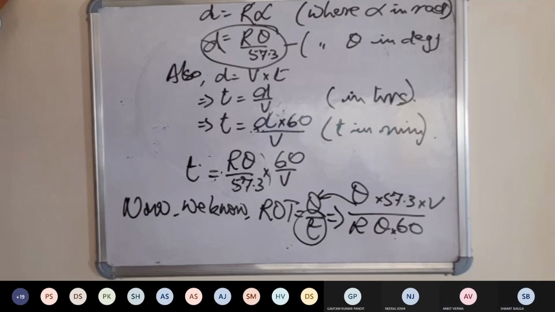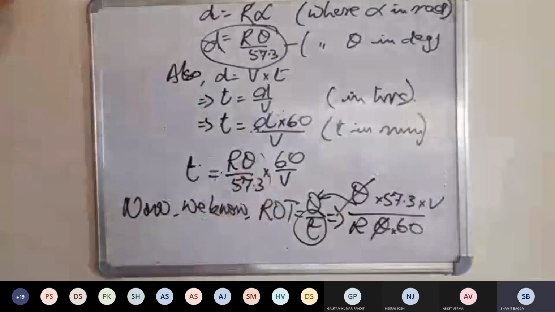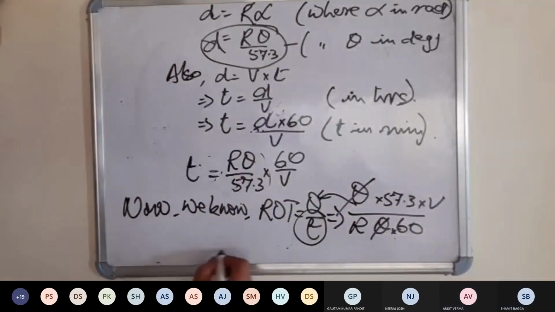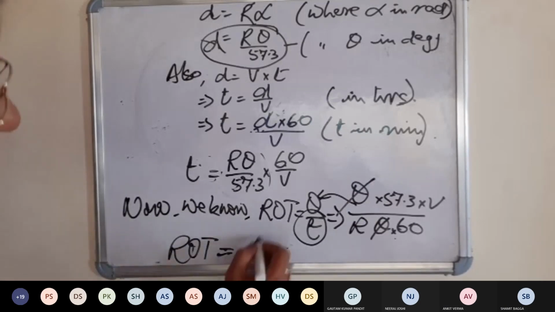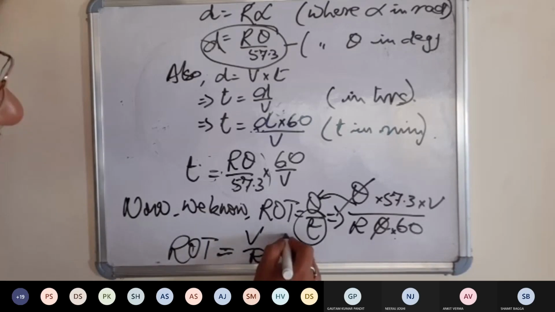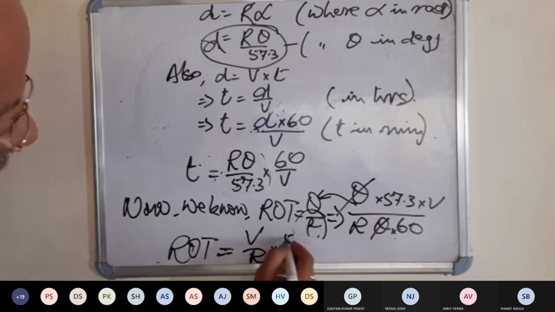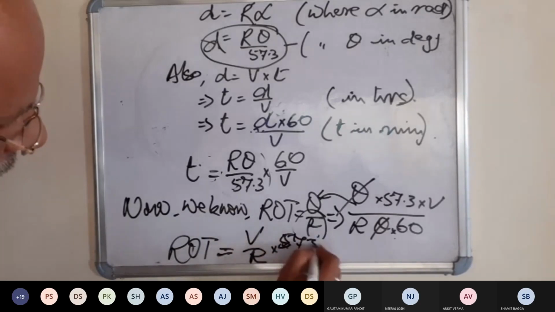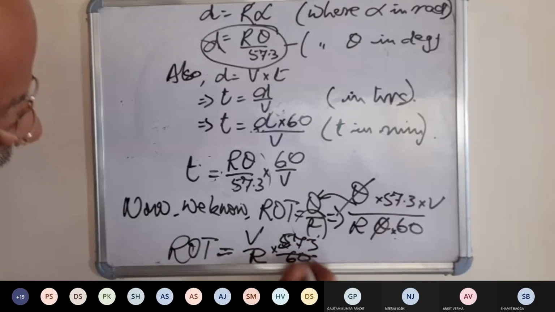So theta theta cancel. So what do we have? This gives us ROT is equal to V by R into 57.3 divided by 60.